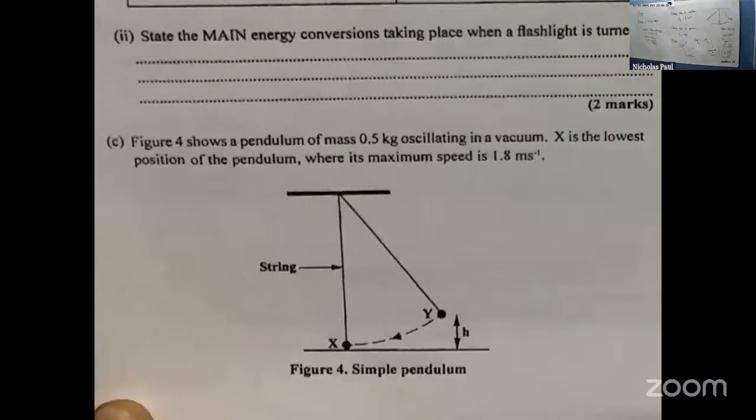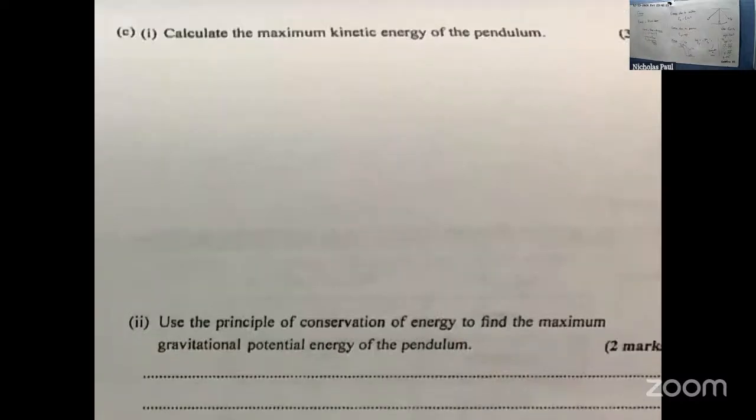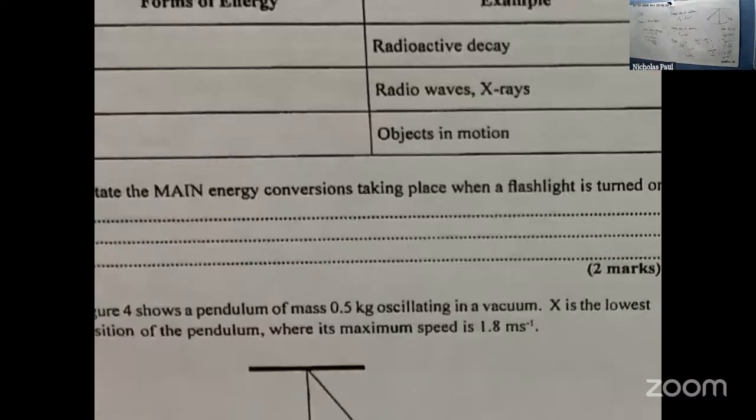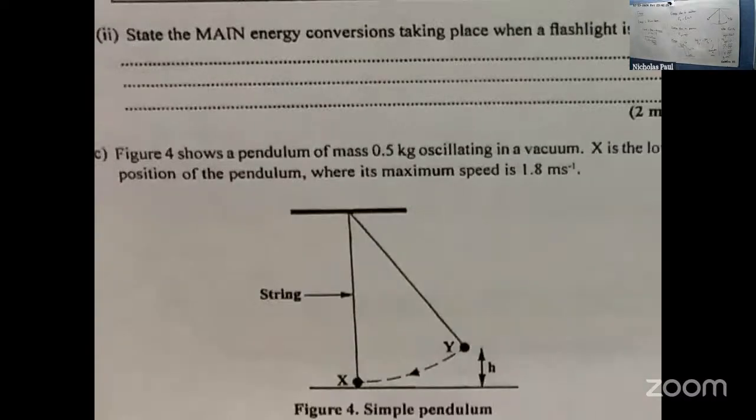With the question, part one: find the maximum kinetic energy. Remember you have the mass and velocity. The mass is equal to 0.5 and the velocity is equal to 1.8.